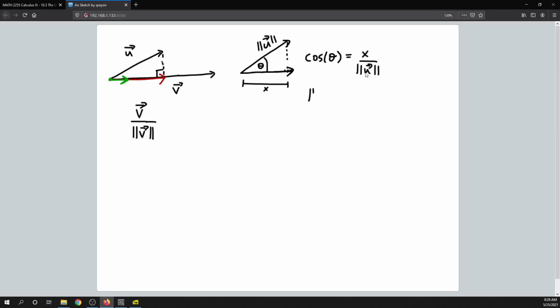You're going to get the magnitude of u times cosine theta equals x, so that's the length of this. So if I take this magnitude of u times cosine theta, and multiply that by the unit vector, so I'm scalar multiplying now.